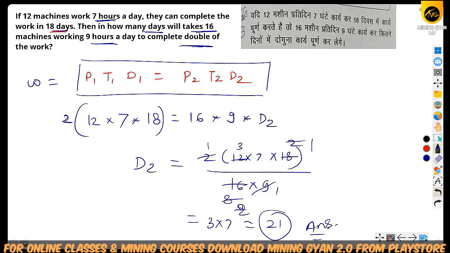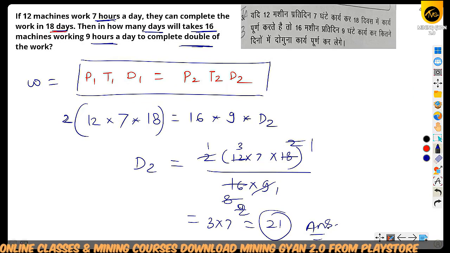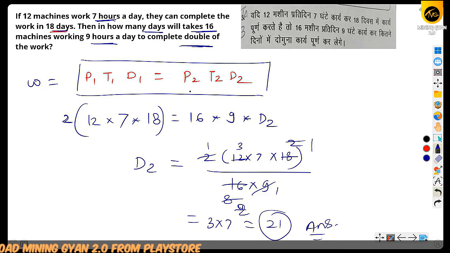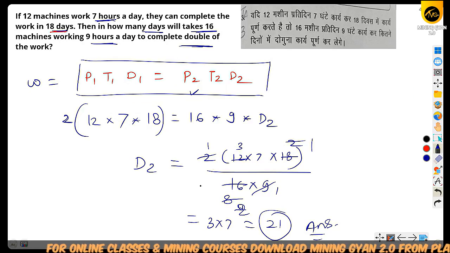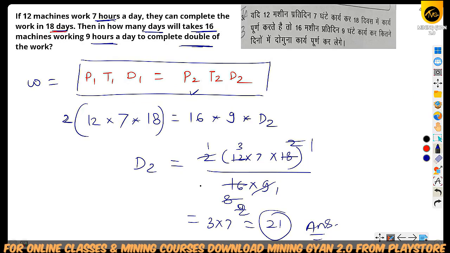So डबल काम करने के लिए, दोगुना काम करना है, उसको 9 आवर पर डे अगर 16 मशीन काम करेंगे तो उनको 21 डेज लग जाएगा, जो पहले कंडीशन में 18 डेज लग रहा था. अब हमने क्या किया? नंबर ऑफ पर्सन हमने इंक्रीज किया, राइट? एंड नंबर ऑफ आवर्स पर डे विल ऑल्सो इंक्रीज बाय 9 आवर्स. देन डे 2, हाउ मेनी डेज इट विल टेक टू कंप्लीट द डबल ऑफ द वर्क. सो डबल काम करने के लिए हमें कम दिनों की जरूरत पड़ी बिकॉज पर्सन और मशीन इंक्रीज हो रहा है और नंबर ऑफ आवर्स भी इंक्रीज हो रहा है. ठीक है. सो उसके बावजूद हमने डबल वर्क जो है ज्यादा नहीं, 21 दिन ही लग रहा है, 18 डेज से 21 दिन, राइट?